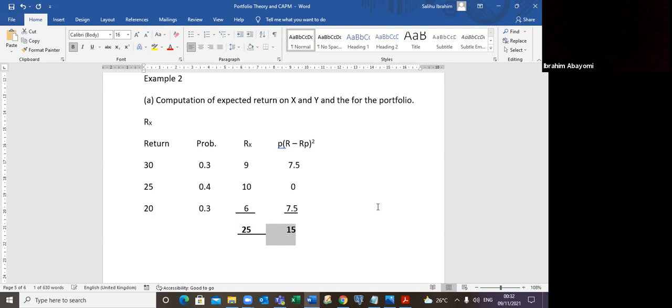So I will now take the square root of 15.